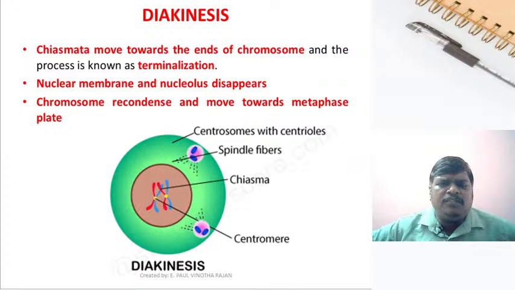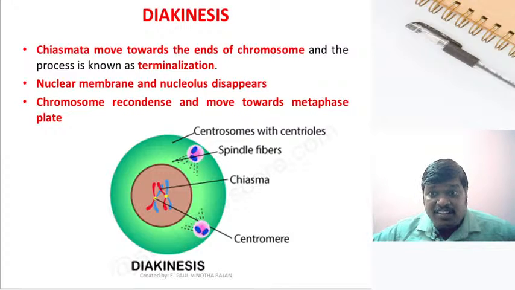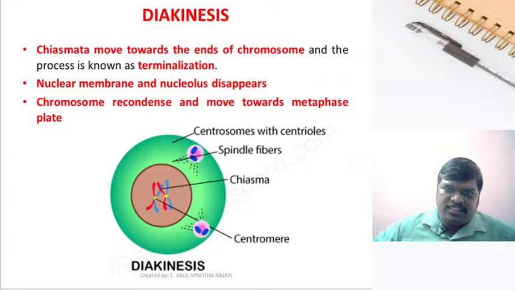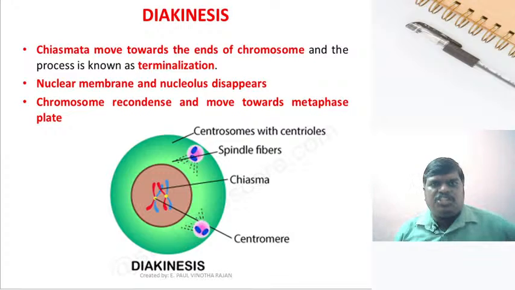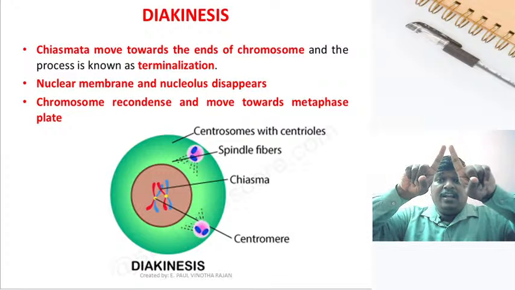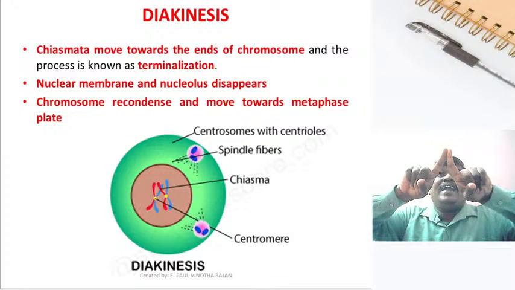The centromere is the center of the chromosome. Two chromatids are joined at a particular point, and that point is called the centromere. It looks like a bead-like structure, and that attachment is called the centromere. Chiasmata is the point of attachment.